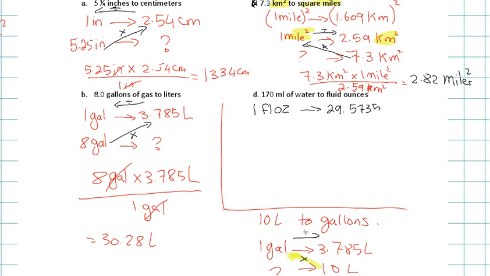Wow, precise. So I have 170 milliliters. I'm going to place it under the 29, cross multiply and divide by 29, correct?